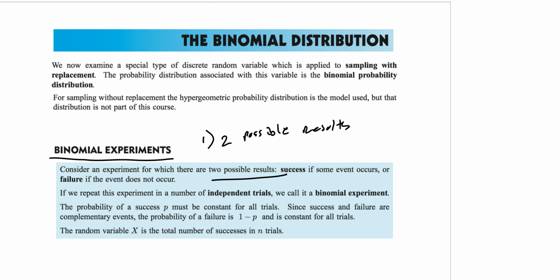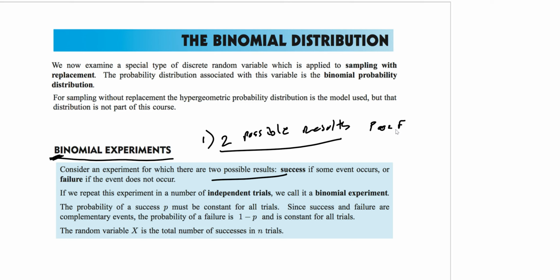That's still binomial. It's all two results. You get a red marble, or you don't get a red marble, and that's the key with binomial. Bi means two, so it has to have two possible results: pass or fail, win or lose.